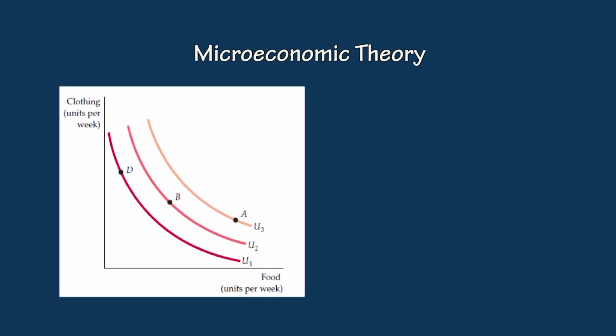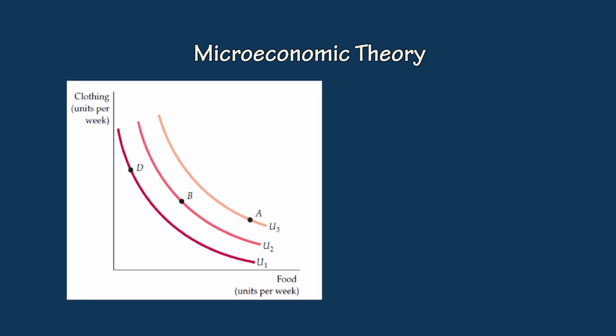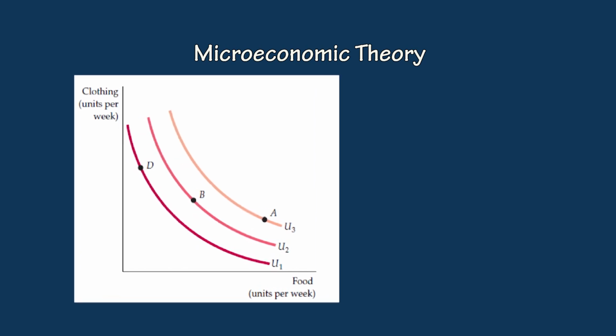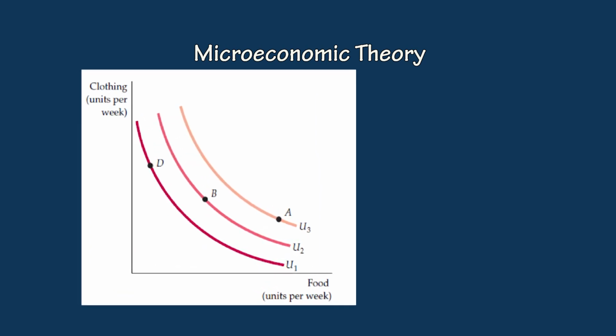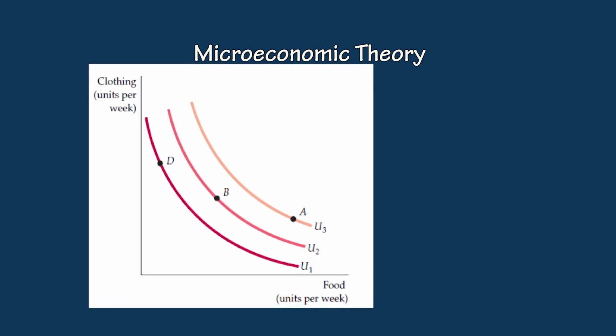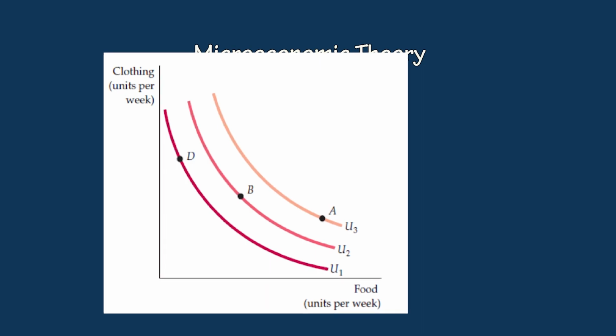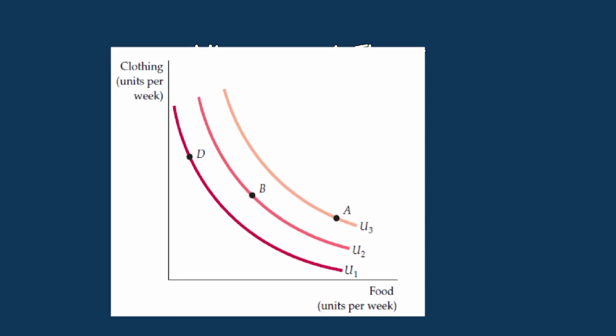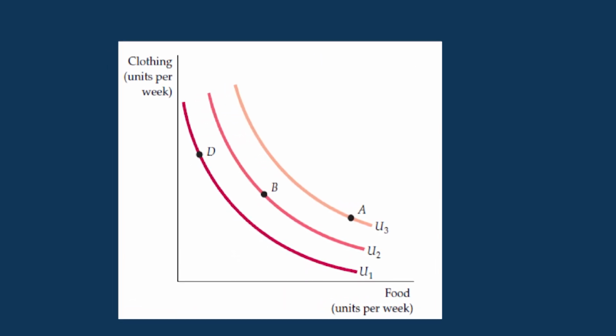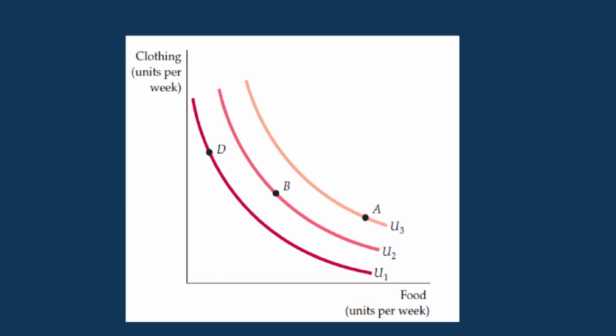And also remember, as we move towards the northeast direction in the indifference map, here remember U3 is greater than U2, greater than U1. As we move towards the northeast direction, those higher indifference curves in that direction are representing a higher level of utility, right?